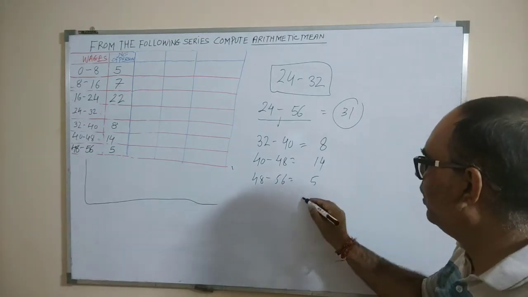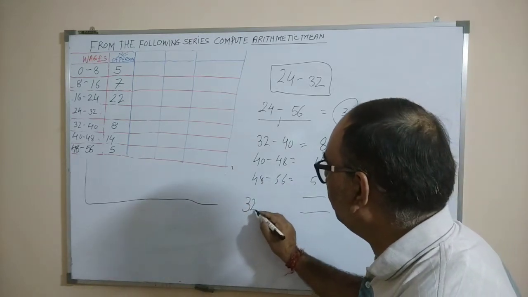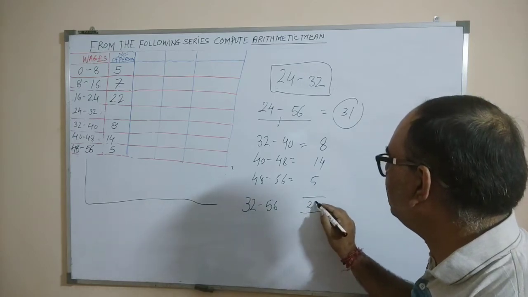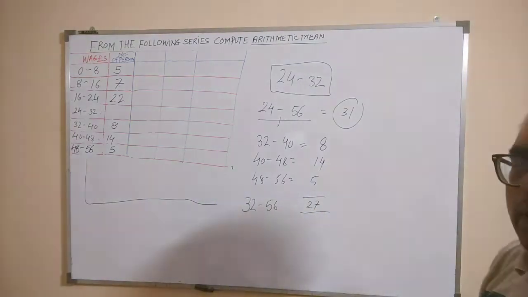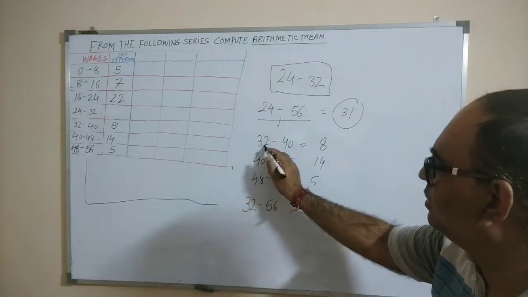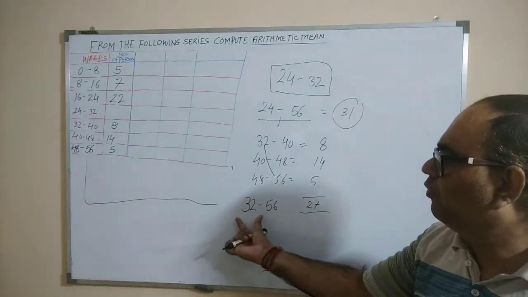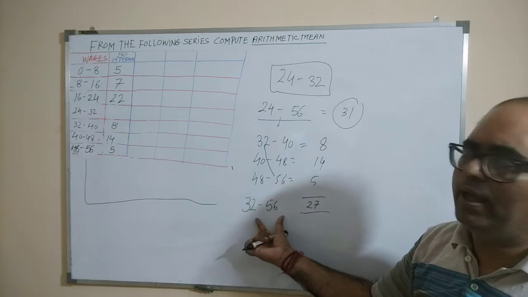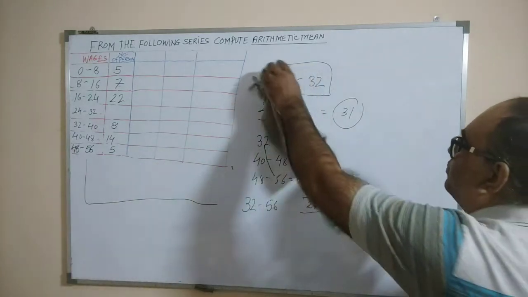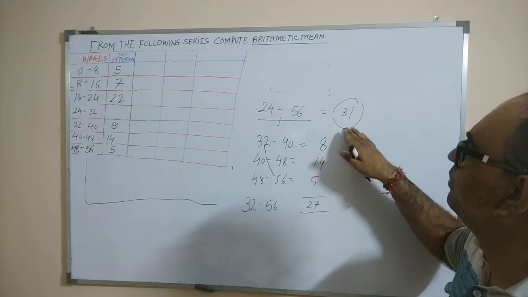By adding these three values, we can say that wages of rupees 32 to 56 is received by 27%. The sum of 8 plus 14 plus 5 is 27, and the wages is 32 to 56. The value given in the question is that wages of rupees 24 to 56 is received by 31.